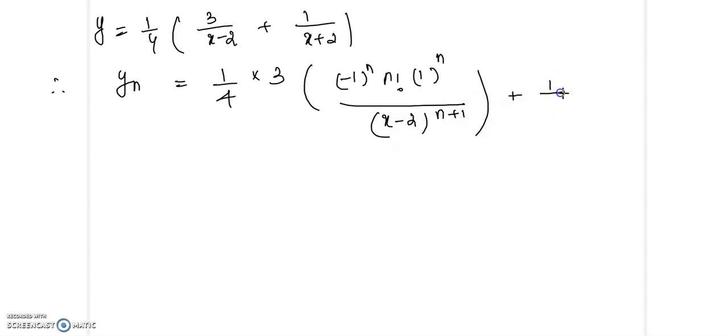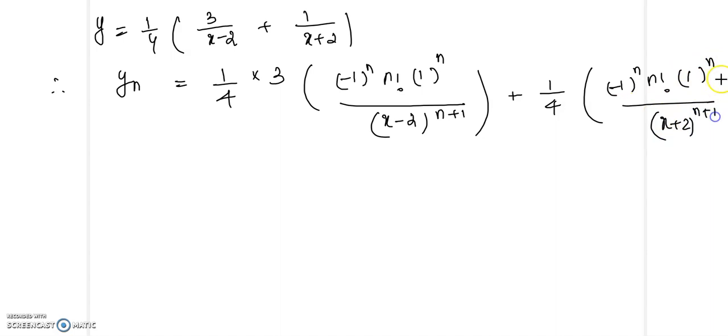Then the second term, 1 by 4 is common, and 1 by ax plus b, so a is 1, b is 2, again minus 1 raised to n factorial, 1 raised to n by x plus 2 whole raised to n plus 1.